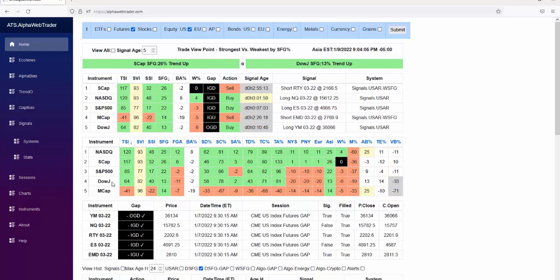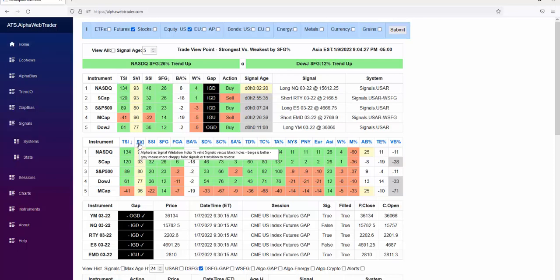what we were seeing basically is, you see this column SVI? If you hover over, you can get the definitions of these. It's what they call the alphabias signal validation index percentage. It's the valid strength versus what we call black holes.